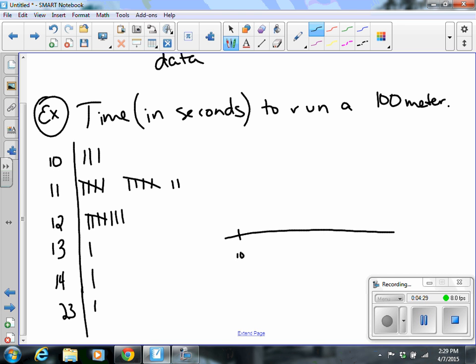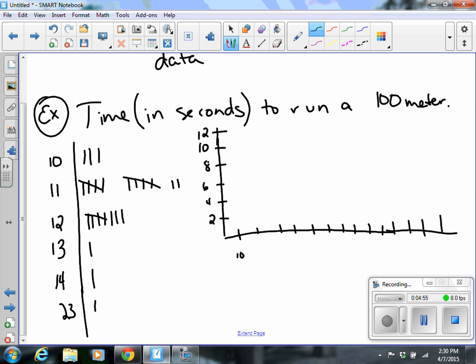Well, looking at this, if I were to truly make a histogram of this data here, I'd have 10, 11, 12, 13, 14, 15, 16, 17, 18, 19, 20, 21, 22, 23. So 10, I'm actually going to go by 2s. So there's my 12.